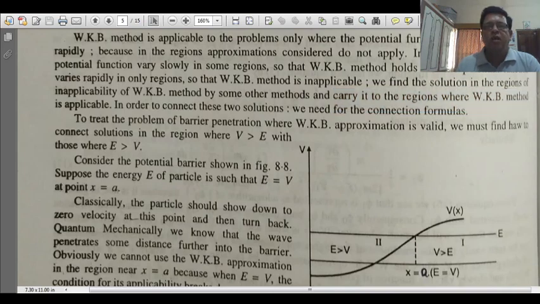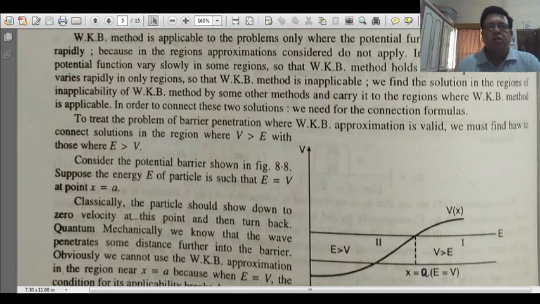How is it possible? In one region, the WKB method is applicable. In the other region, the WKB method is not applicable, and we are trying to carry the solution by some other methods to the regions where the WKB method is applicable.